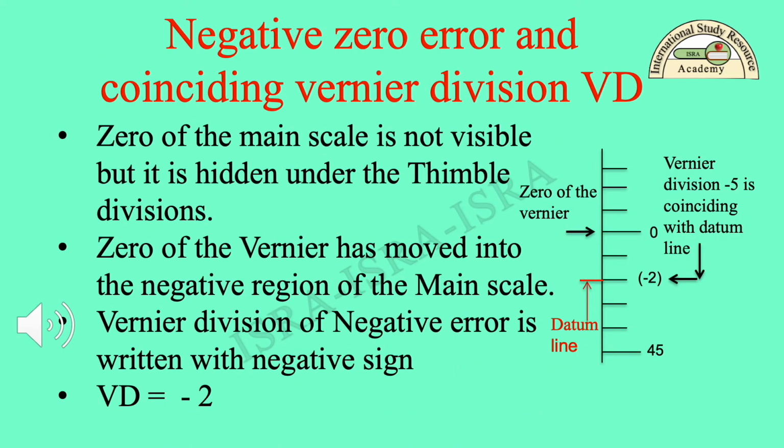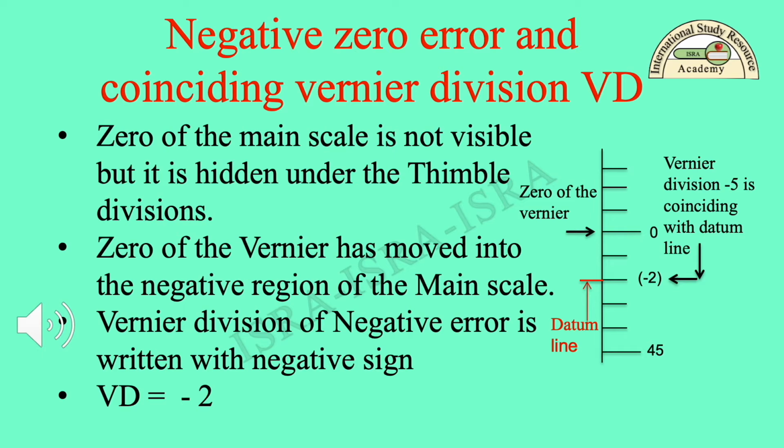Negative zero error and coinciding vernier division VD. When micrometer is fully closed with no object between its jaws, then zero of the main scale is not visible, but it is hidden under the thimble divisions. Zero of the vernier has moved into the negative region of the main scale. You are counting the coinciding division with reference to zero of the vernier.